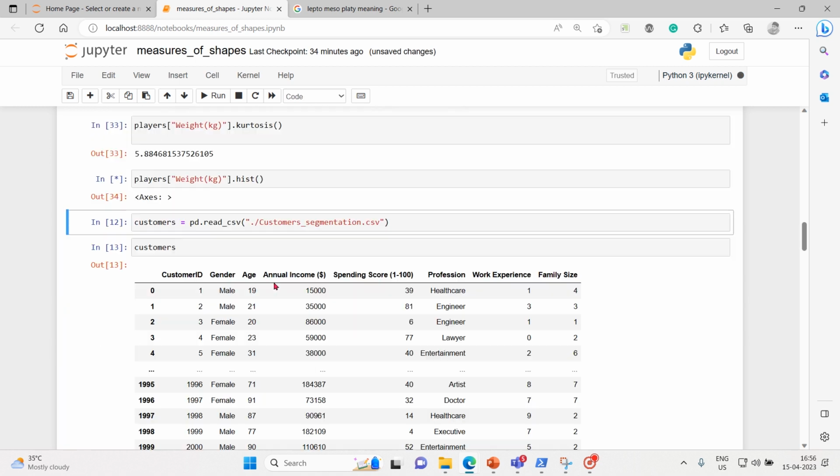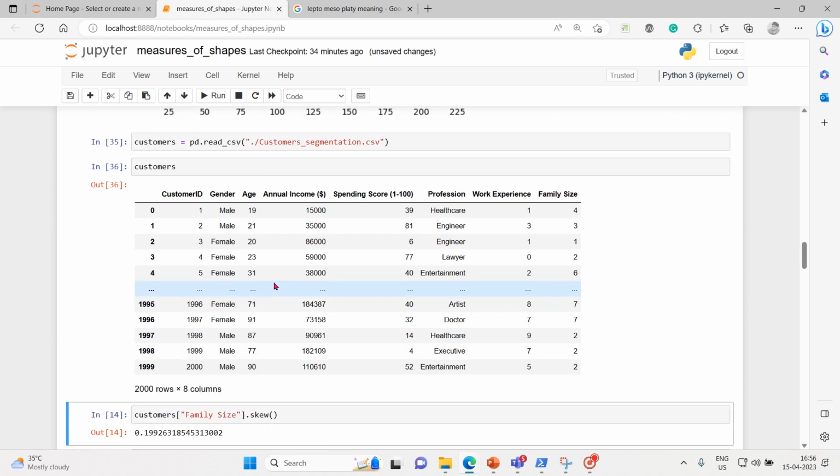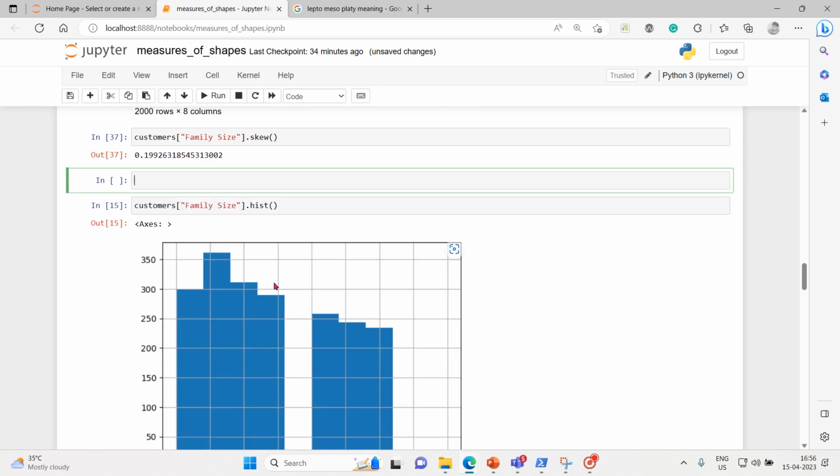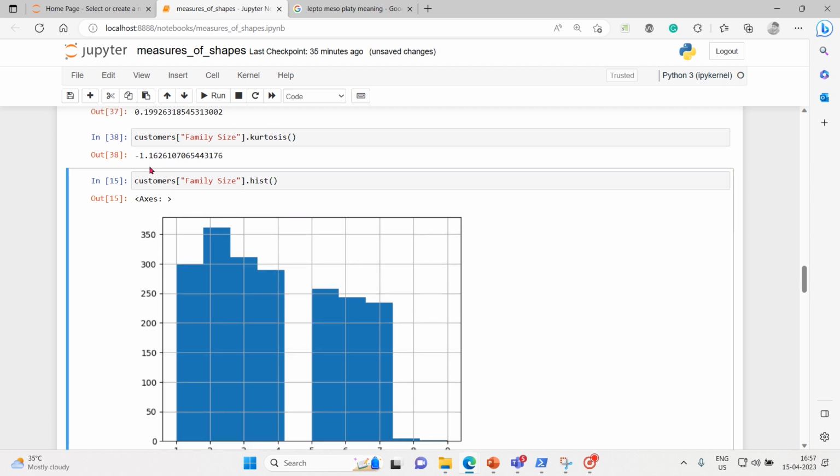Okay, so now let's look into the customers data. This time I'm going to go with the family size. Kurtosis, and it's negative. That's minus 1.16.